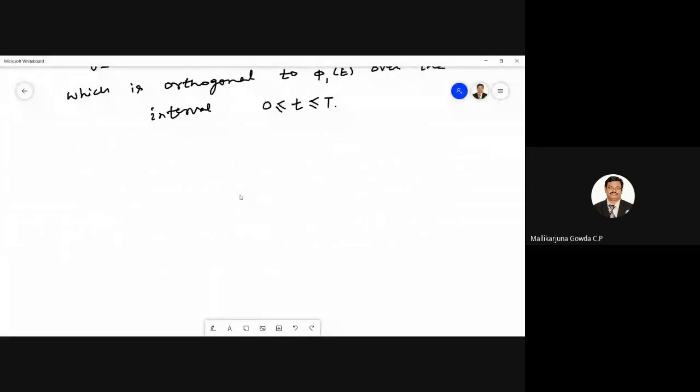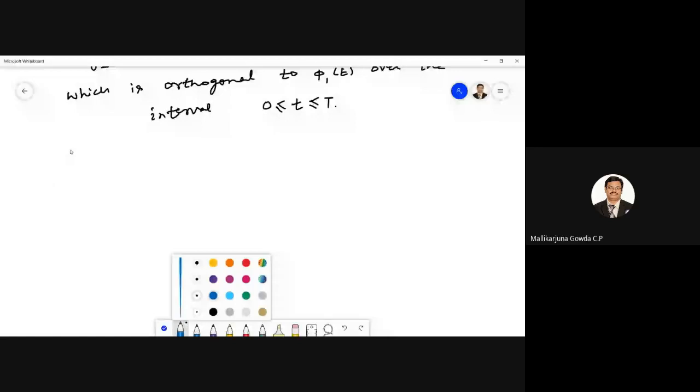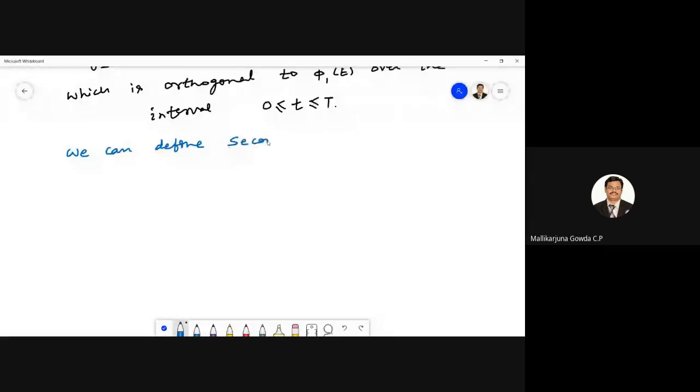With respect to G2 of t, my intermediate signal, can I define the second basis function as pi 2 of t equal to G2 of t divided by the square root of the energy of the signal G2 of t?